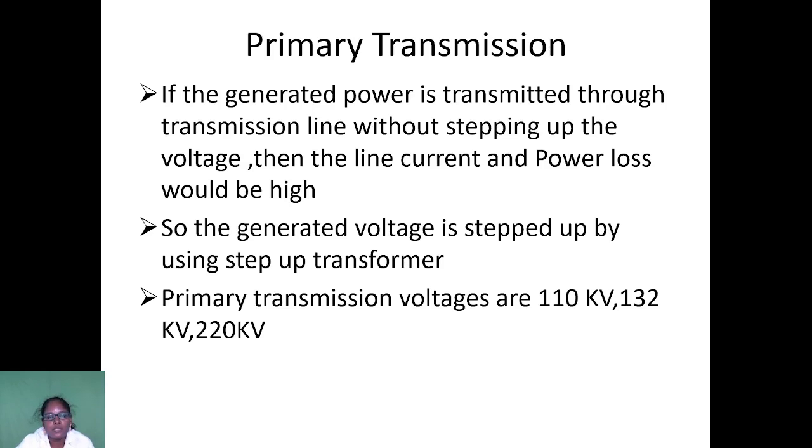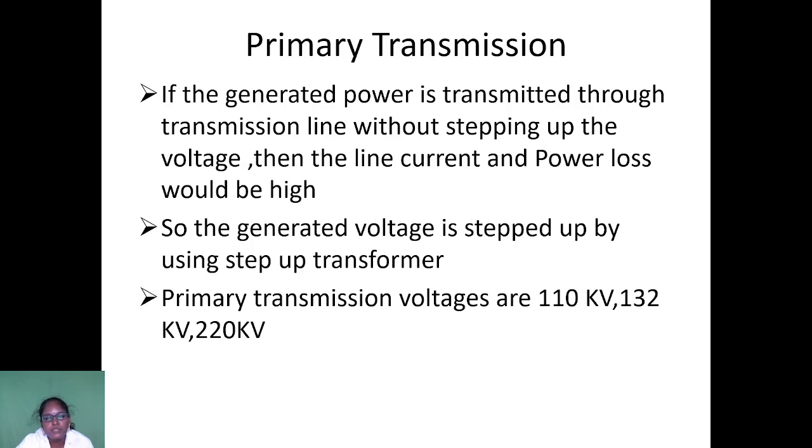So to reduce the line losses and the line current, we use the step-up transformer. In the remaining three stages, that is secondary transmission, primary distribution and secondary distribution, we use only step-down transformers. Only in primary transmission do we use the step-up transformer.